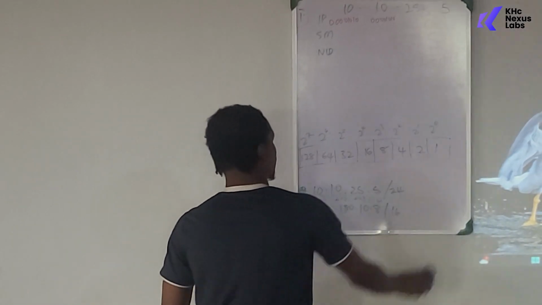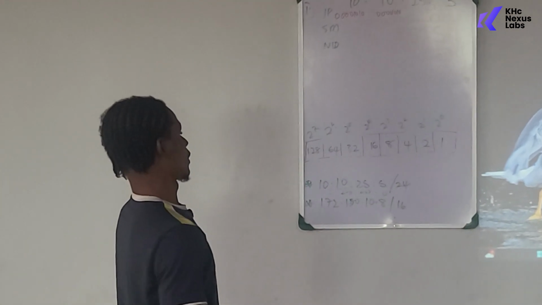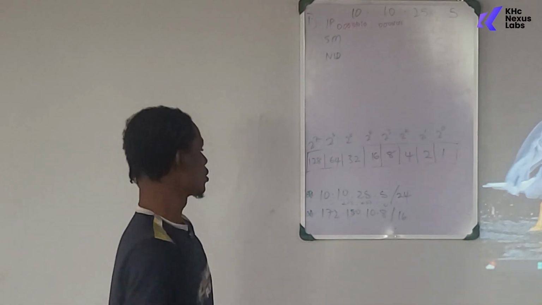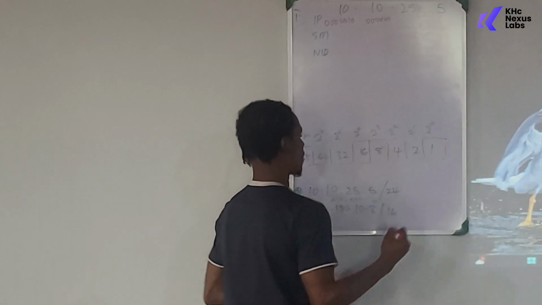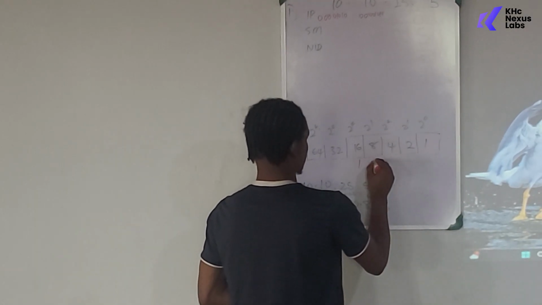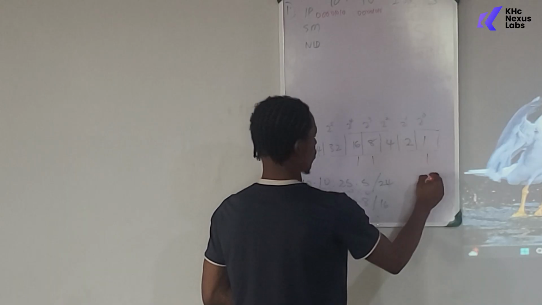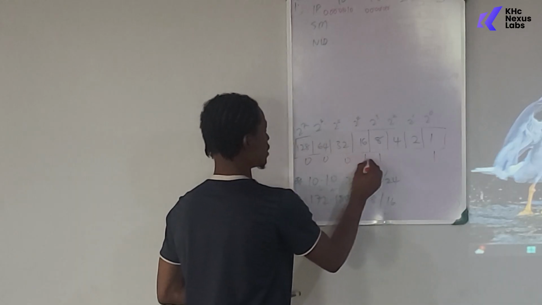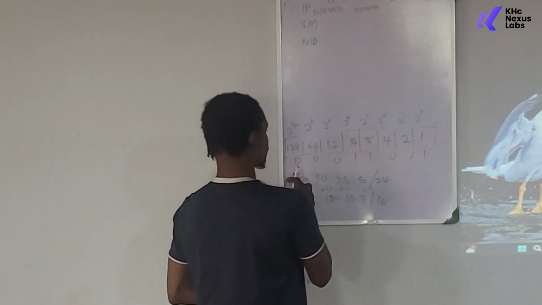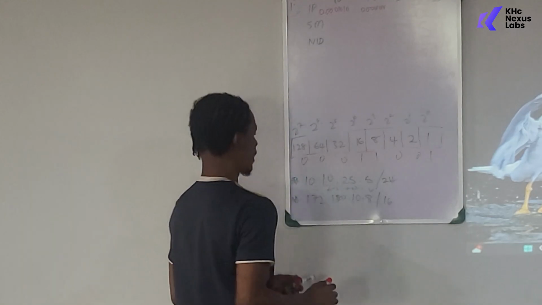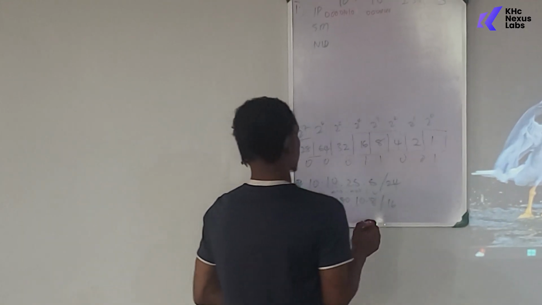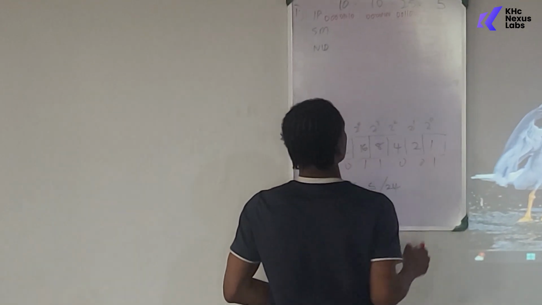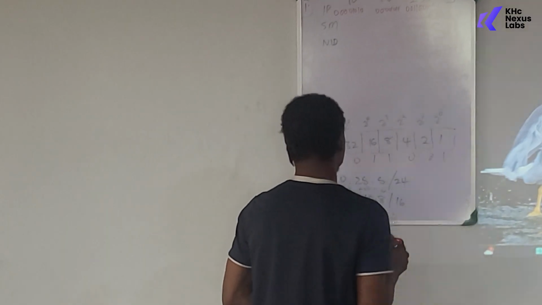I'm just putting this here for reference. 16 plus 8 is what? 24. So we are just getting one more, right? So 16 plus 8, 24 plus 1, so this is 25, right? So we are turning off the others. So we have 00011001, 0011001.